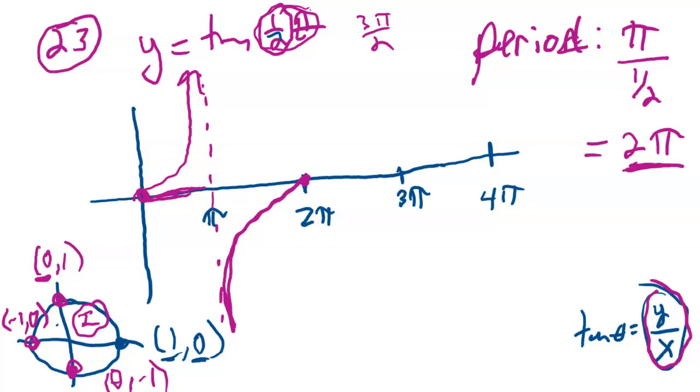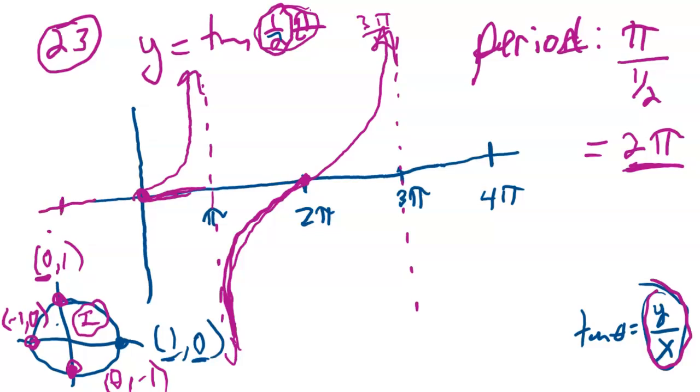My x value is 0. So I don't have a value there. So there it is. And my tangent graph will look like a piece of bacon standing up. And there we go. Again, I just extended it a little bit so I can get a good looking period. If I wanted to, I could go the other direction.